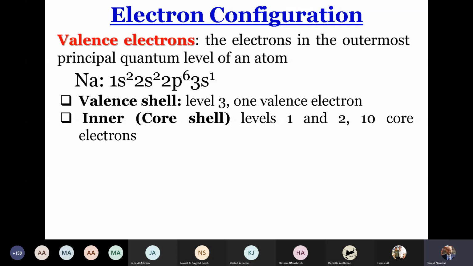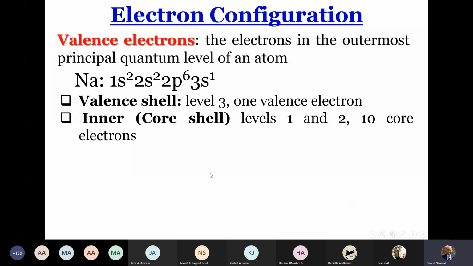Because in the next chapter, on chemical bonding, we will see that the valence electrons are responsible for the bonding of the atom with other atoms, and the core electrons have no role in the chemical bonding.